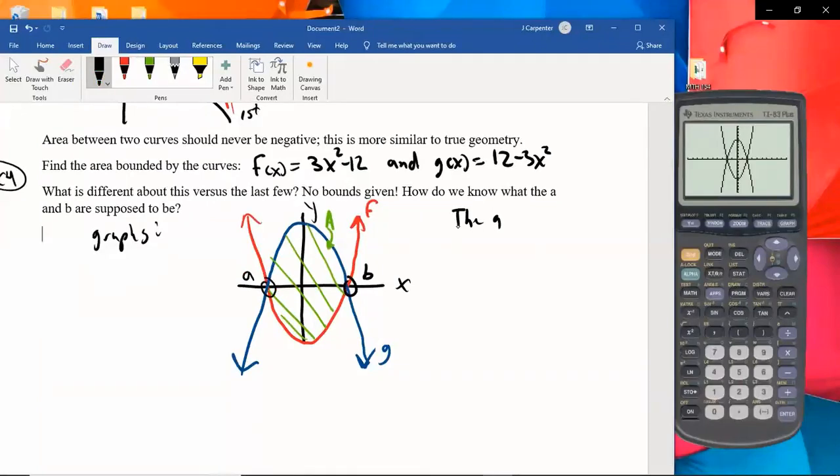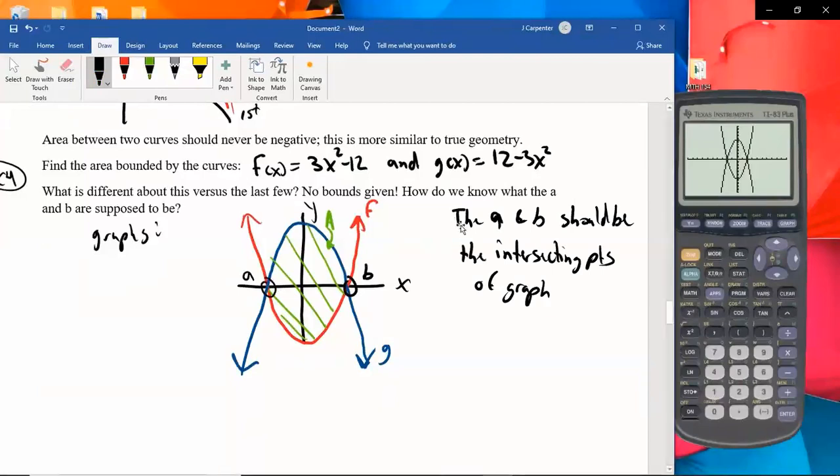The A and B should be the intersecting points of the graph. Now, if there's more than two intersecting points, that's a problem you won't have in here. It would just be two intersecting points.